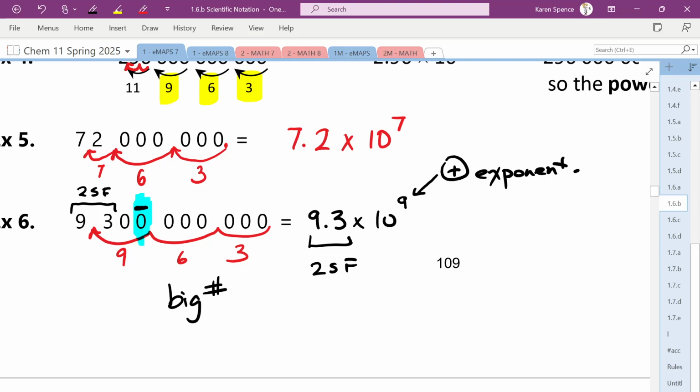Yeah, and then I would have 4 sig figs, and then I would have to say 9.300 times 10 to the 9. Would I put an overbar over this 0 here? No, because the decimal means that we already know that it is significant.